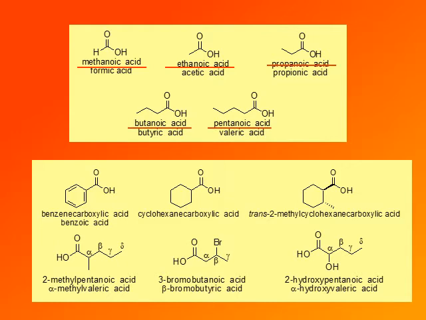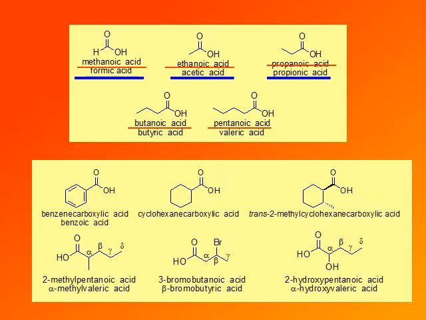Trivial or common nomenclature uses names that were given to carboxylic acids at the time when they were discovered. And this is nomenclature you have already encountered before at the beginning of the previous chapter on aldehydes and ketones. So the simplest carboxylic acid, the 1 carbon carboxylic acid, is named formic acid, then 2 carbon acetic, 3 carbons propionic.